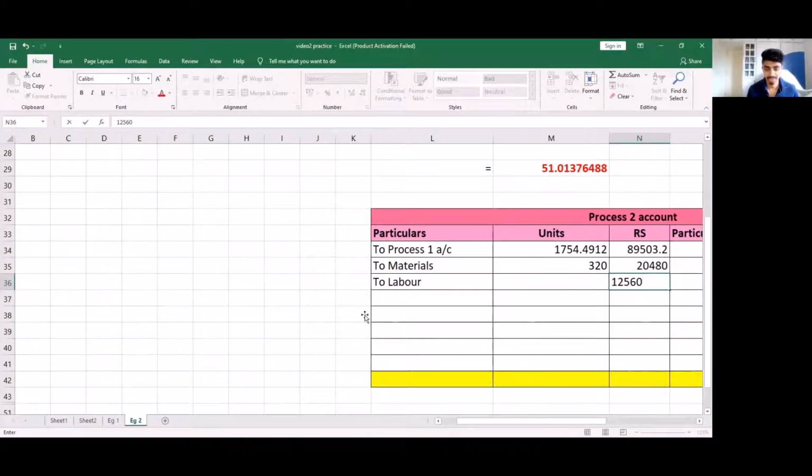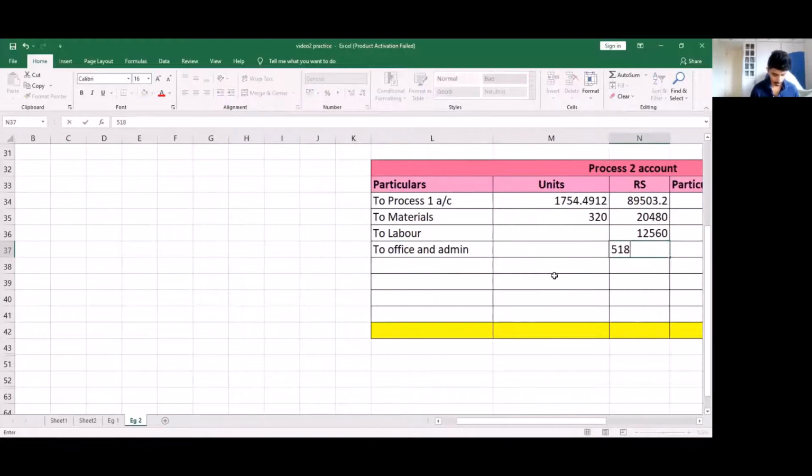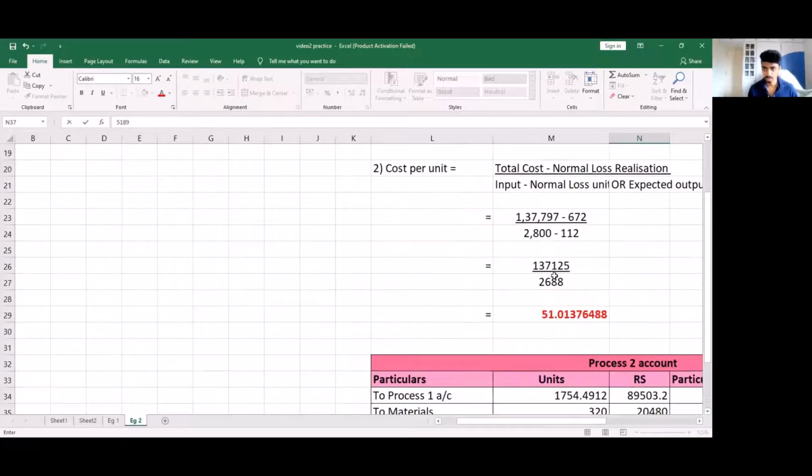So this is again the same as last time, 5,189. I can either take the same value or I can again do 15,567 divided by 3.